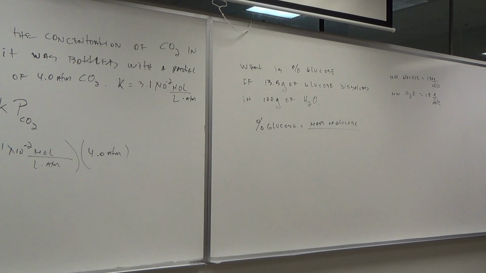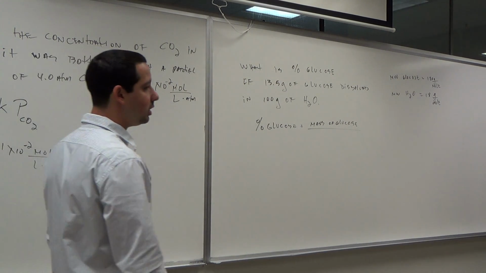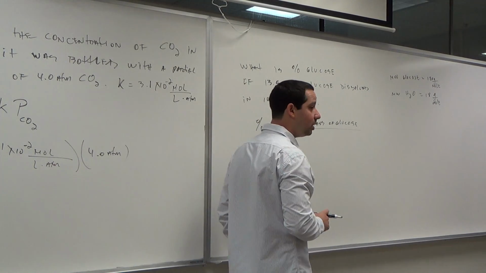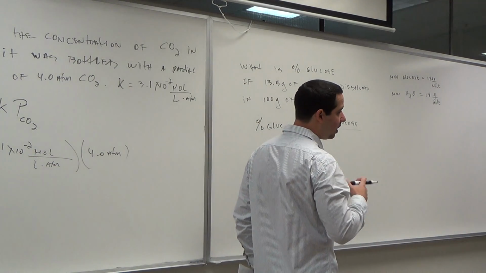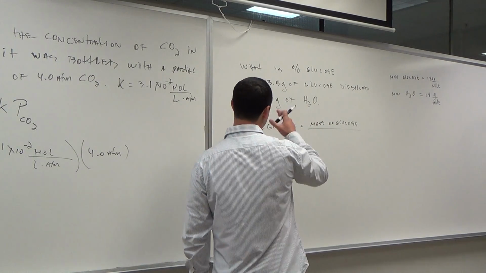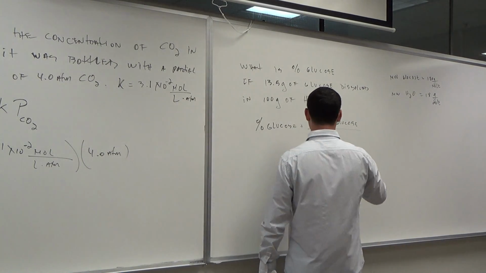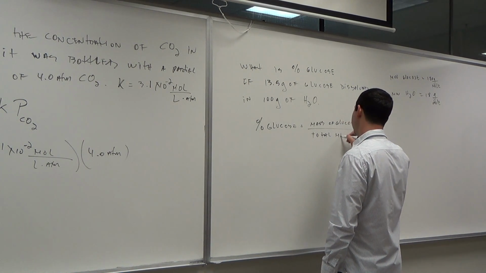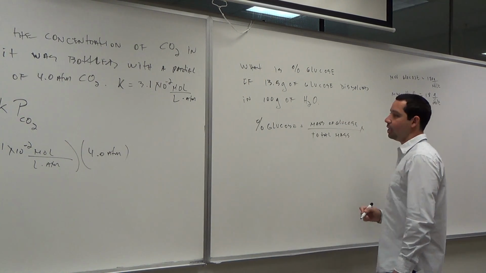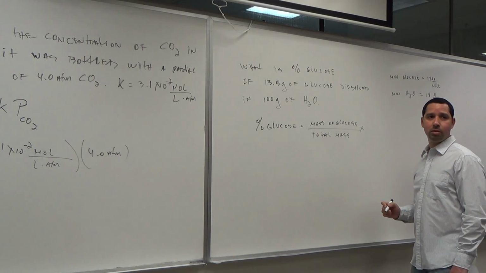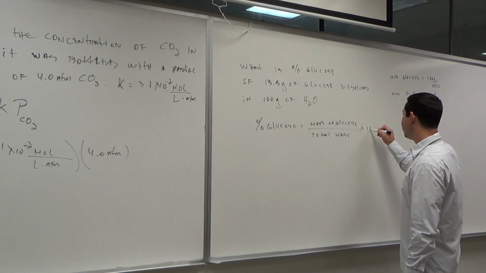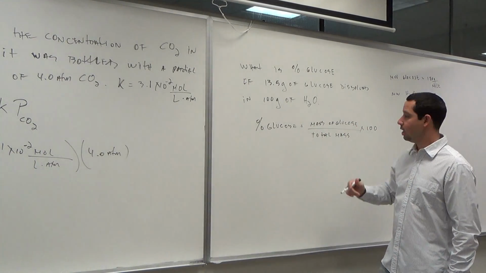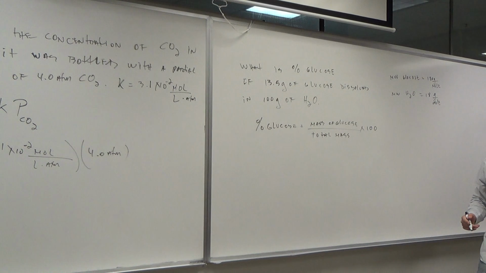Most of the time this is obtained by finding the number of moles, but you don't have to do the number of moles. You can see 13 is smaller than 100, right? If they were close, then you'd have to count moles, but this is kind of obvious here. So the mass of glucose divided by the total mass times 100%. How do you know it's 100? Because this here says percent. It would have been 10 to the 9th if I would have asked you for what?